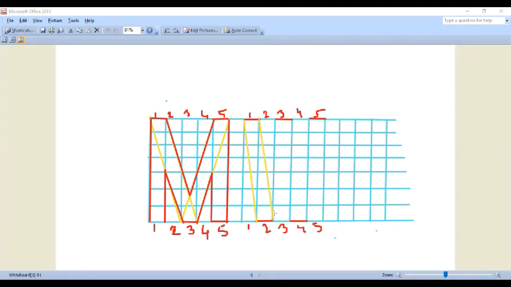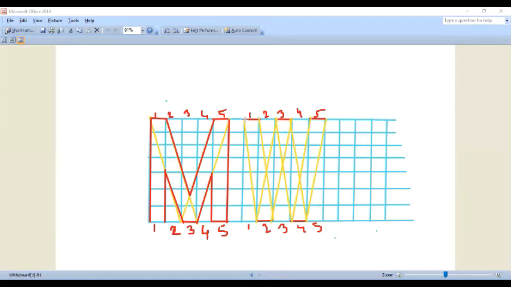Similarly join 3 with 4 first. Then second case, join 2 with 3, 2 with 3 and 5 with 4. Now join.